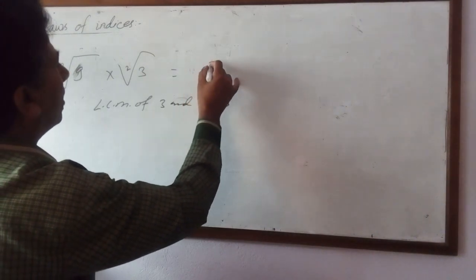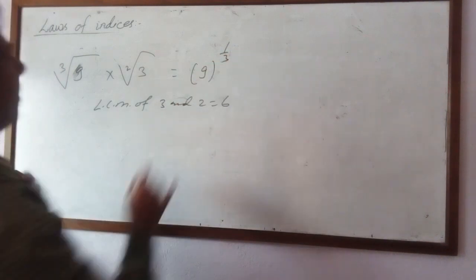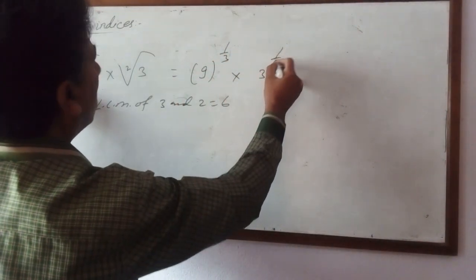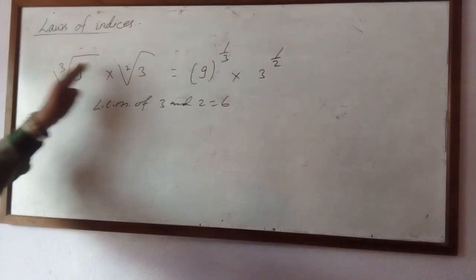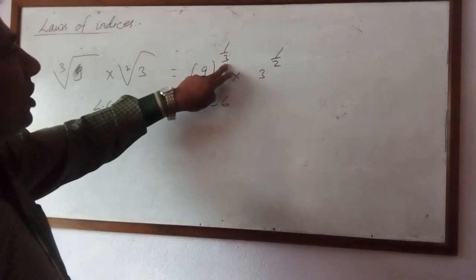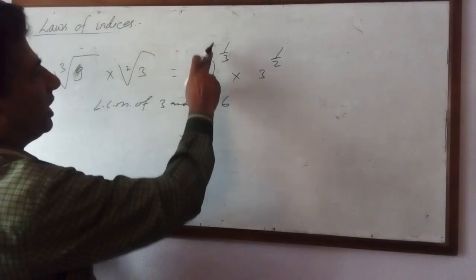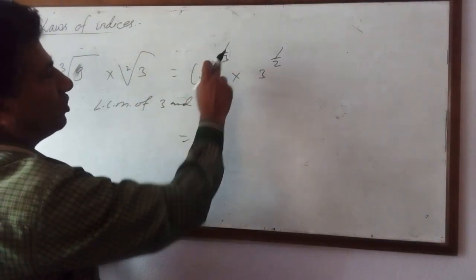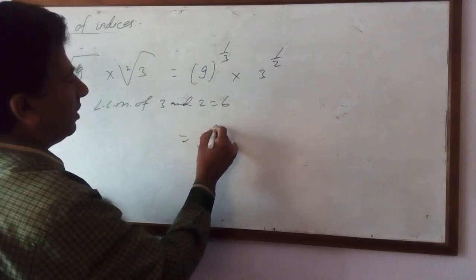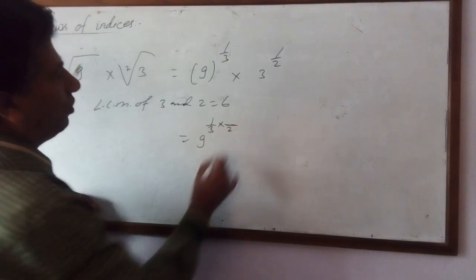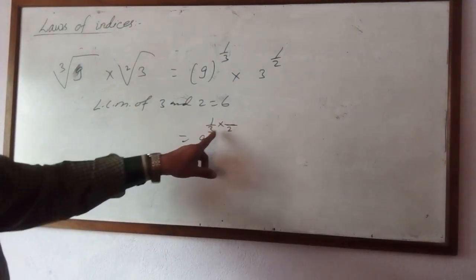Now 9 power 1 by 3, times 3 power 1 by 2. We can change like this. Here also we have to make the denominator 6. To make 6 here, you have to multiply 3 by 2. When you multiply 3 by 2, it will be 6.